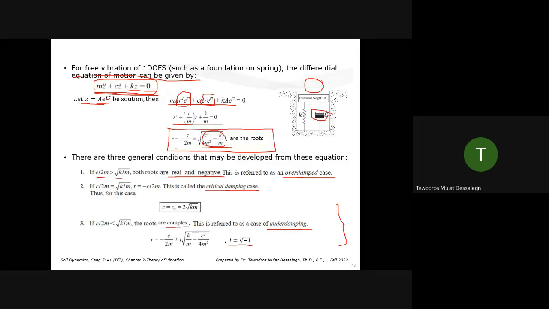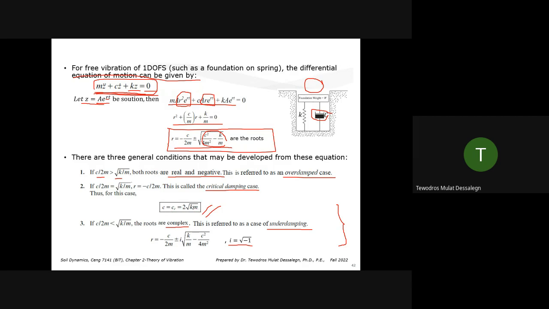The critical damping is the part which makes the square root term equal to 0. The case where we have critical damping is when the square root term is 0. So the critical damping is always 2 square root of km.